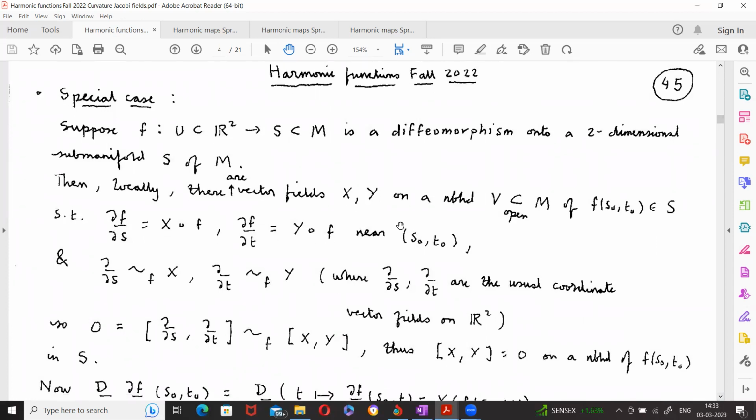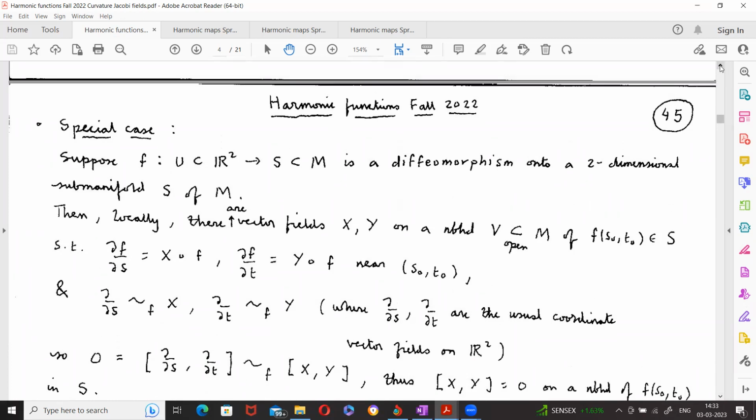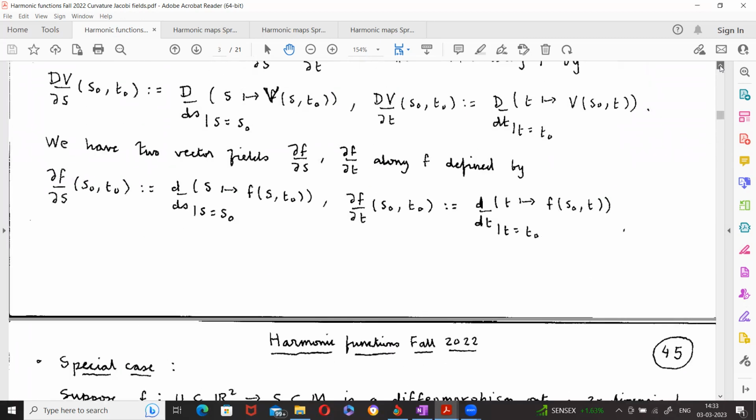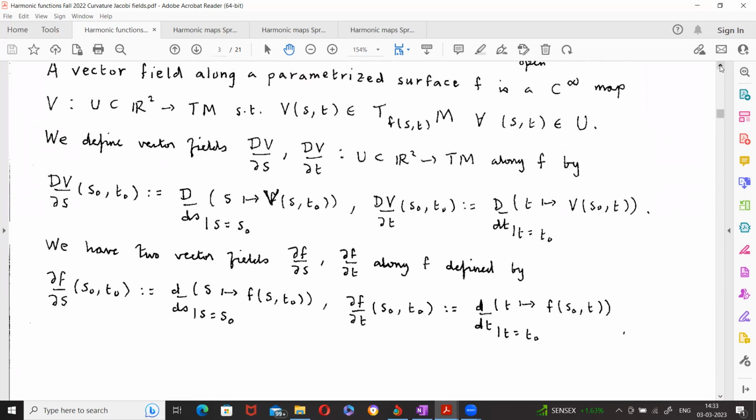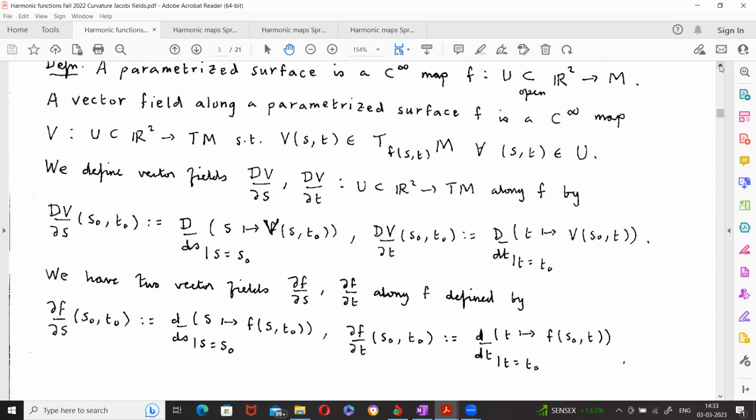I had a question. What was the difference between the two vector fields you defined? One was a covariant derivative, and the other was just... Oh yeah. One was: I'm given a vector field V along F, then I define DV/ds and DV/dt.